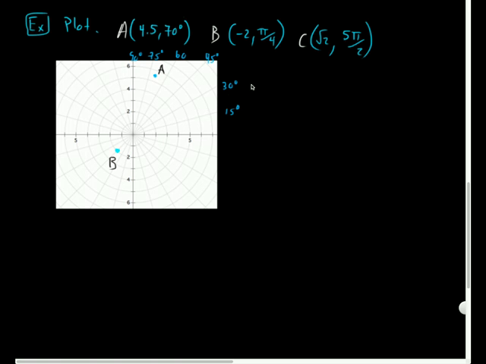So let's lastly look at this one, the square root of 2, comma 5 pi over 2. The square root of 2 is about 1.414, just so you know.